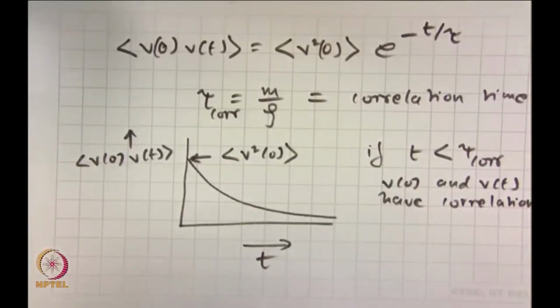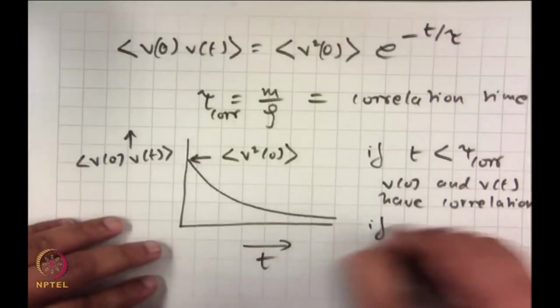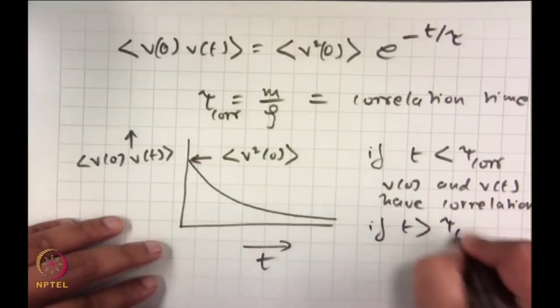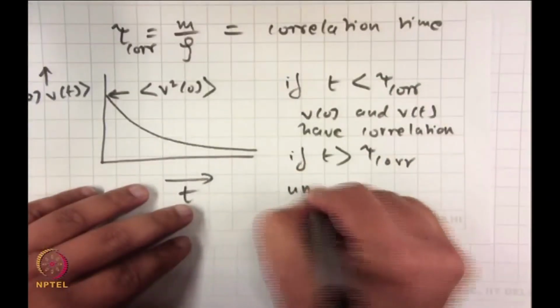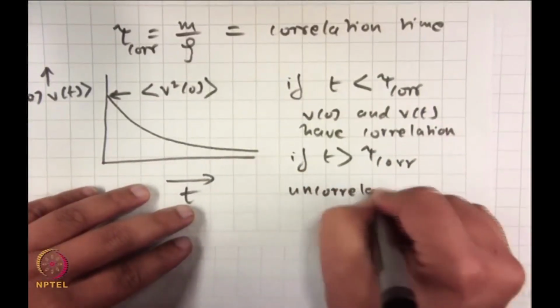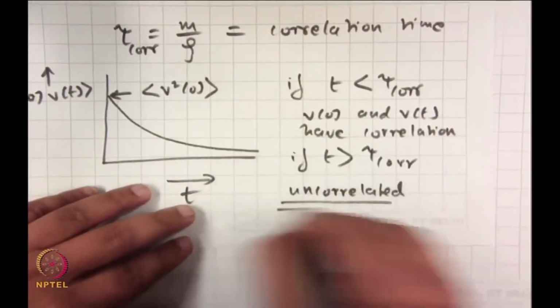It still retains some memory of its initial condition, starting point. However, if t is greater than tau correlation, what will happen? There is absolutely no correlation, it is totally uncorrelated now. So, velocities are uncorrelated, okay.